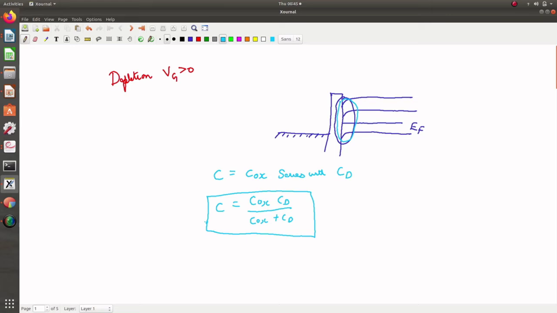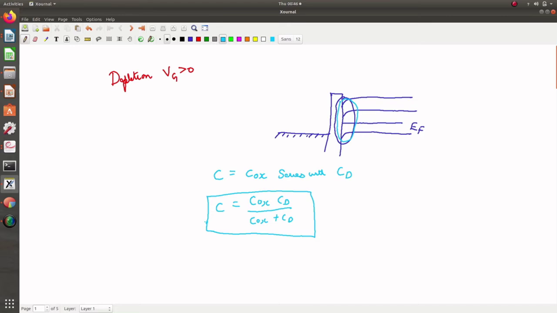Now, we have the oxide capacitance COX, or the capacitance in the oxide layer, and the depletion layer capacitance CD. Both are in series.